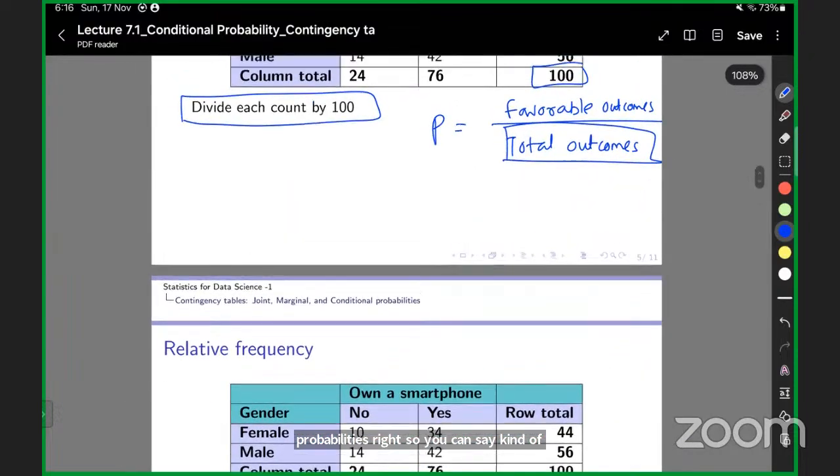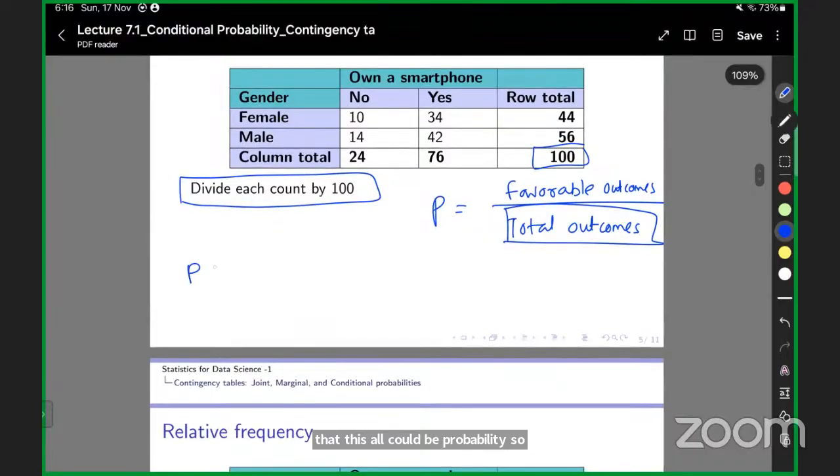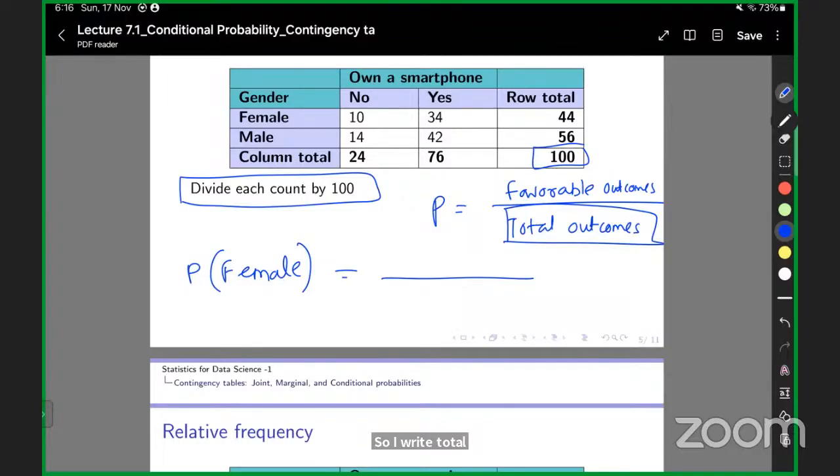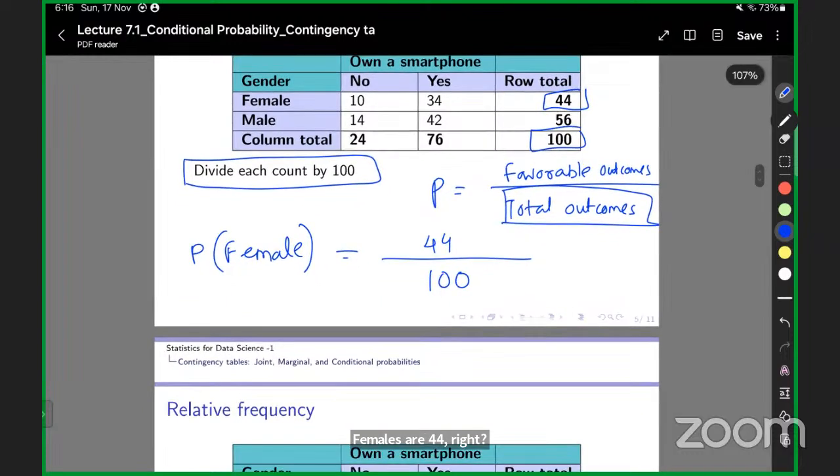So let's say I want the probability of picking a female. What is that going to be? I'll write total people who gave the survey, which is 100, and females are 44, so 44 by 100. And if I ask you for male, we get 56 by 100.